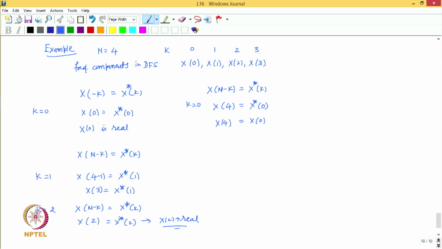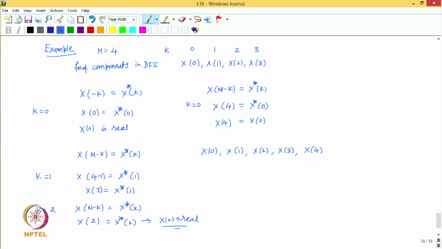So, therefore, what we see, if we look at now the components x0, x1, x2, x3, these are the n distinct components we have, and the next component in the next part of the period would be x4, right.